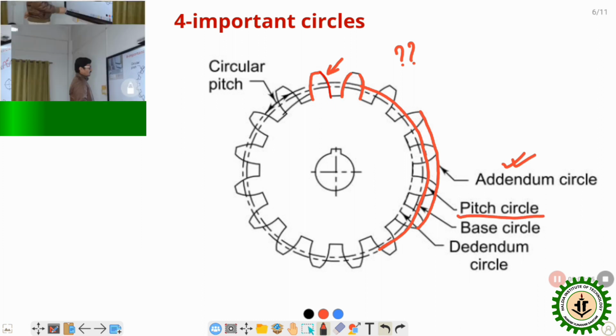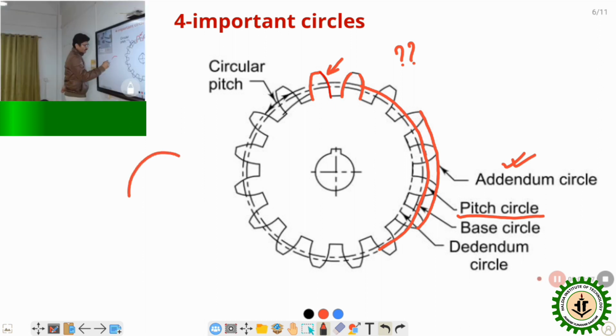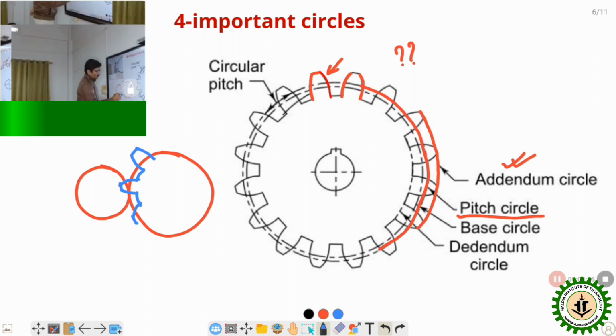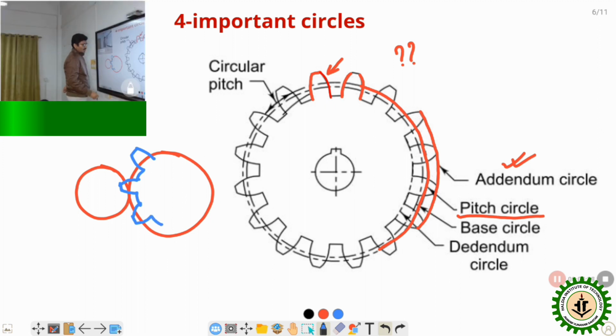What is the pitch circle? Suppose there is one gear and there is another, a pinion. A pinion is a small gear and the gear is the larger one. They both have teeth. This larger gear has teeth that way, and the pinion also has some teeth.